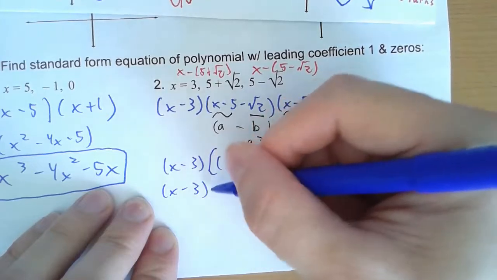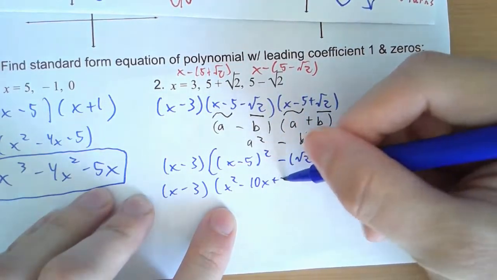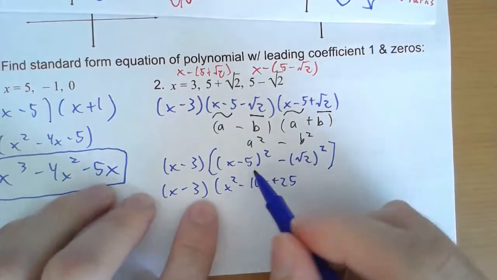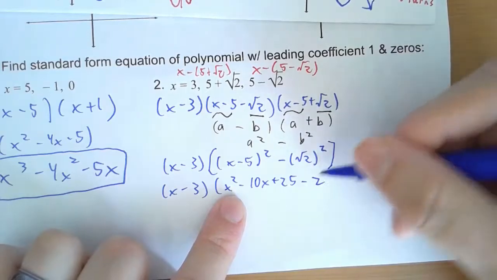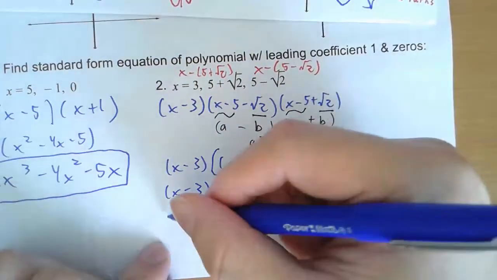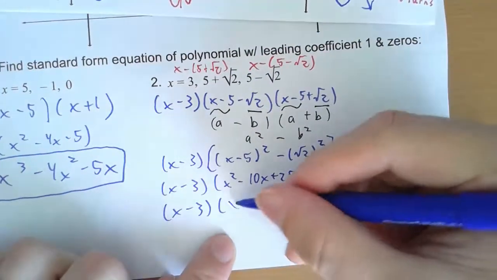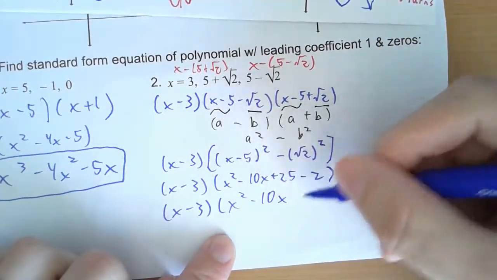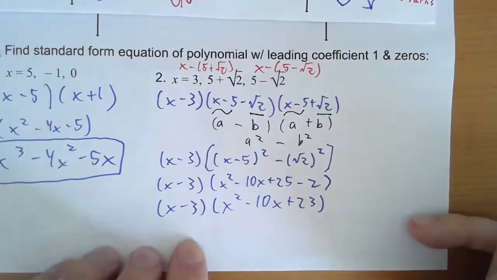So we're going to have x minus 3 times, this is x squared minus 10x plus 25, perfect square pattern, x minus 5 times x minus 5. And then root 2 squared is 2. So x minus 3 times, this is x squared minus 10x plus 23.